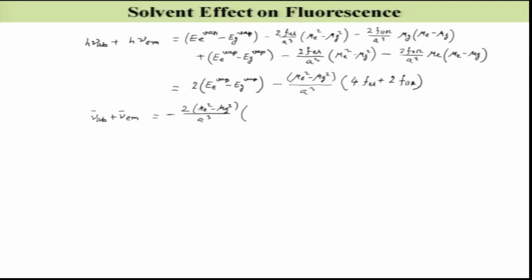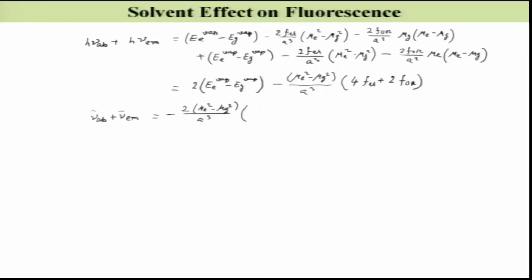What is F_EL? F_EL is n square minus 1 by twice n square plus 1, and the complete polarization is epsilon minus 1 by twice epsilon plus 1.